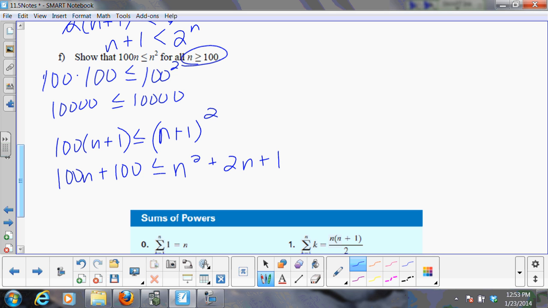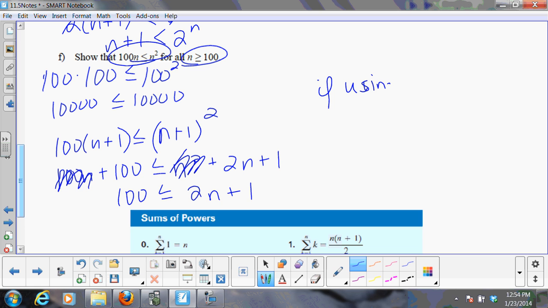Now we are already assuming this part is true. Okay, so we're already assuming that that is true. So I'm going to take that piece out. Take this out, and that out. So now we have to decide if that's true. Well, I'm starting with n being 100. So is 100 less than or equal to 2 times 100 plus 1? Yes, that is always true. So if n is greater than or equal to 100, then it is true.